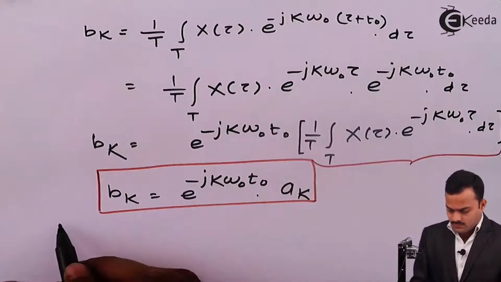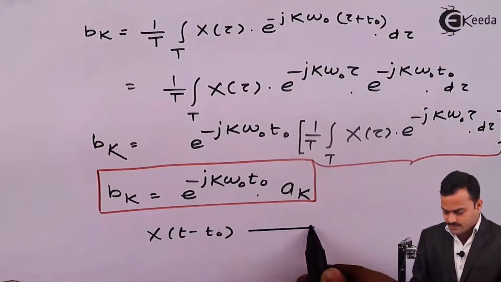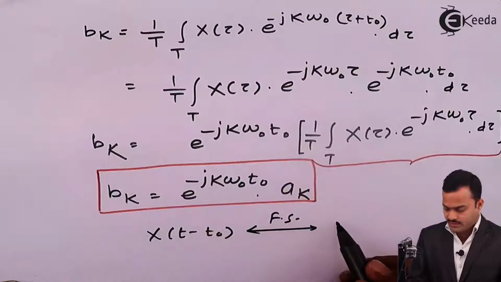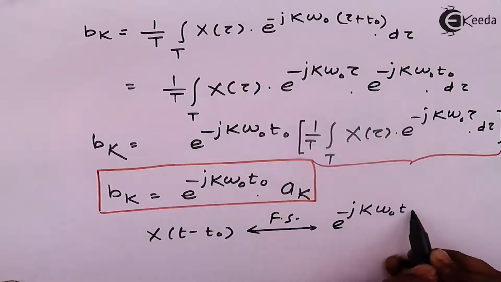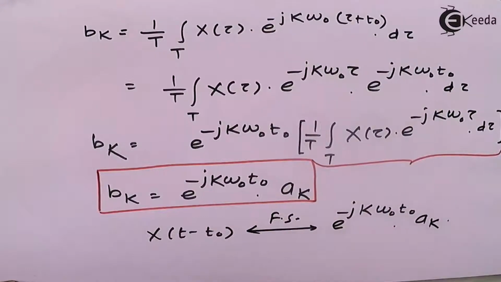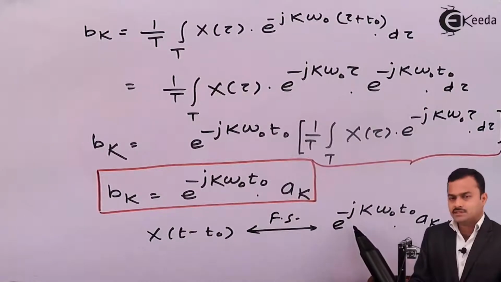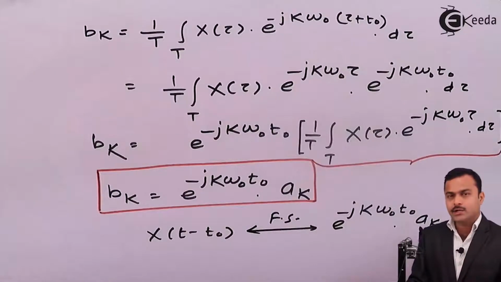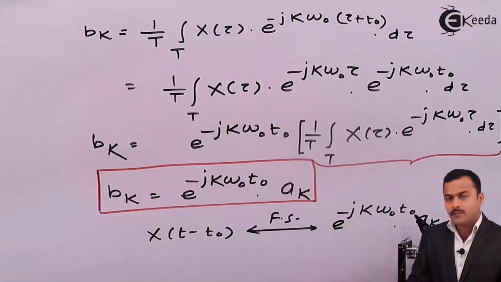So in the end I can say x of t minus t0 through Fourier series, whatever the coefficient earlier was there for x of t, that will just get multiplied with this e raised to minus j k omega 0 t0. What we can say over here, this is just a term which is getting multiplied with ak, that is not going to affect the magnitude. It is just a term coming as an angular term, rather a complex exponential.